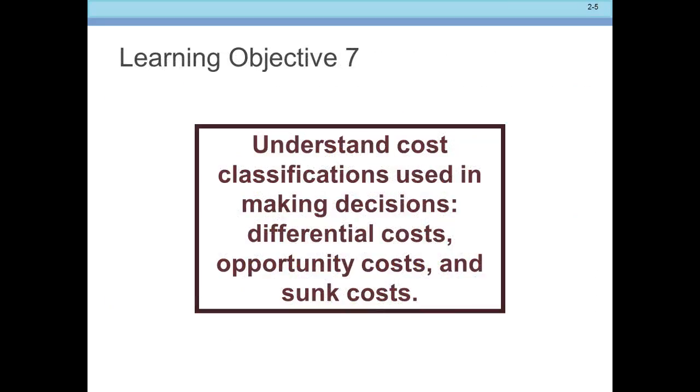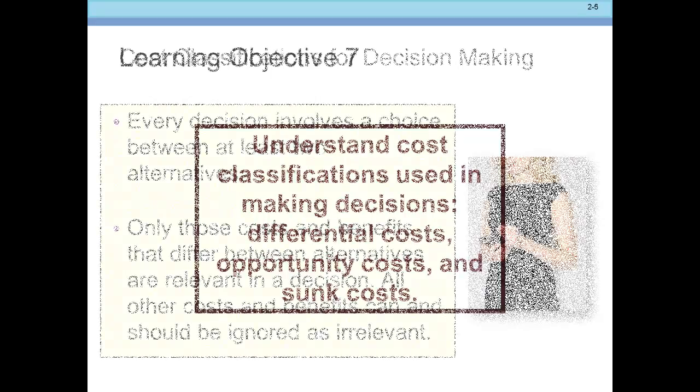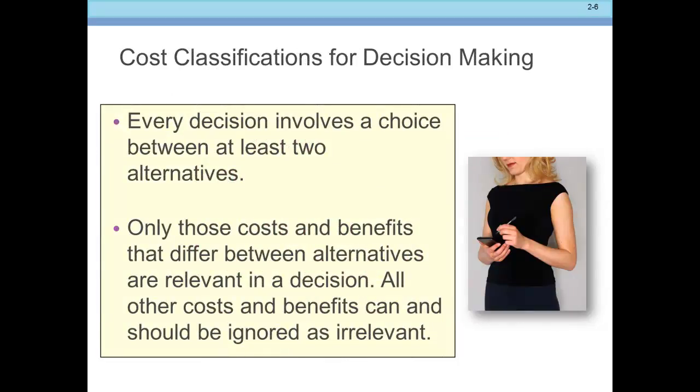Let's talk about a couple cost classifications used in making decisions. Differential costs, opportunity costs, and sunk costs. If you think about it, every decision involves a choice between at least two alternatives. The goal of making decisions is to identify those costs that are either relevant or irrelevant to the decision.